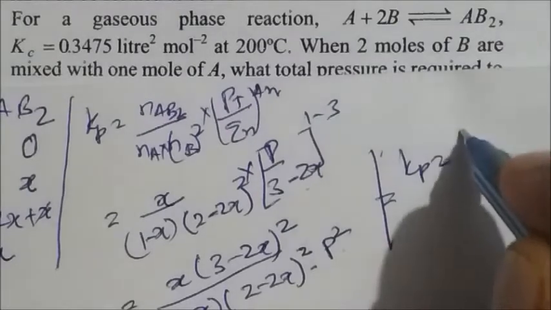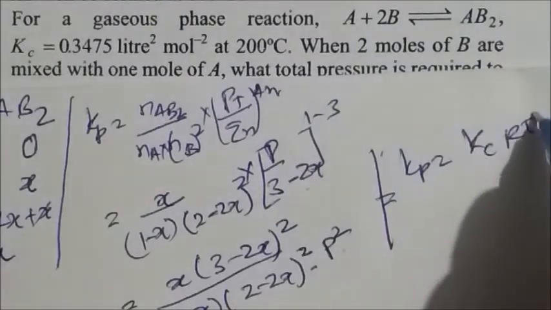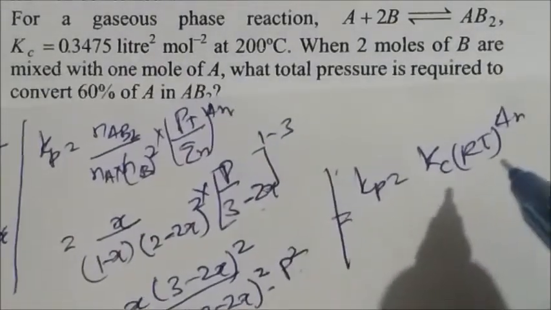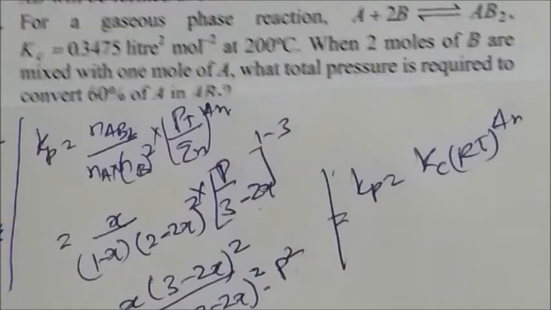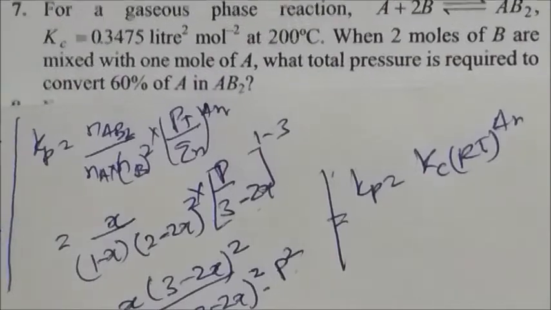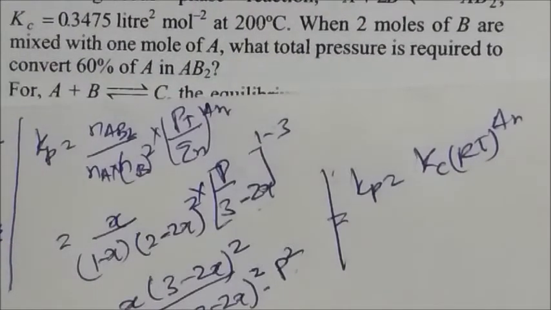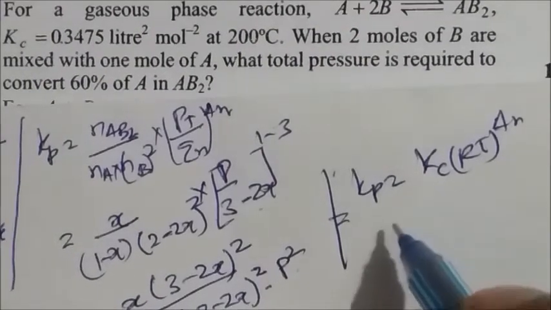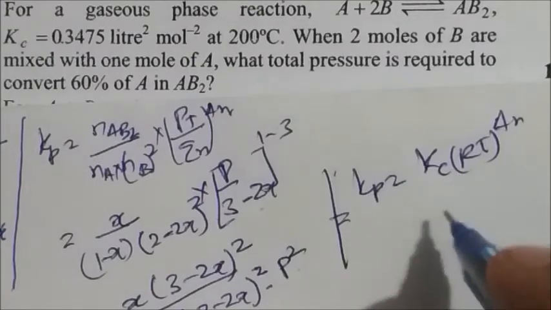Kp is equal to Kc RT to the power delta n. We already know this formula.